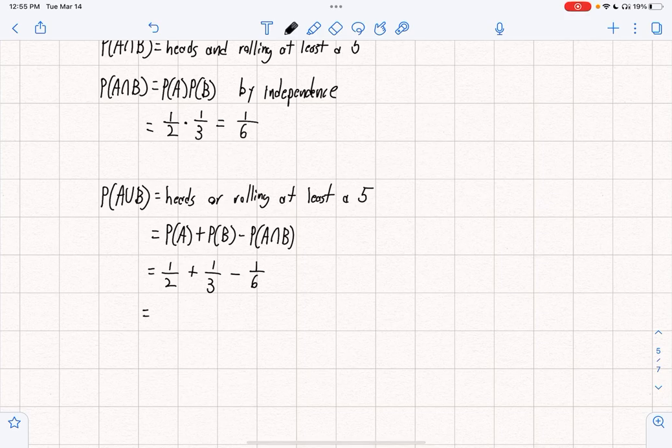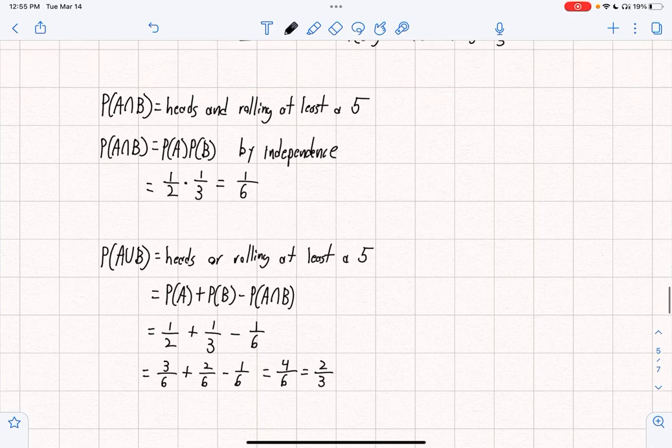And so I'm going to rewrite this as 3/6 plus 2/6 minus 1/6. I'm just giving these numbers a common denominator. So we would have, let's see, 3 plus 2 is 5, minus 1 is 4. So this would be 4 out of 6, or simply 2/3.